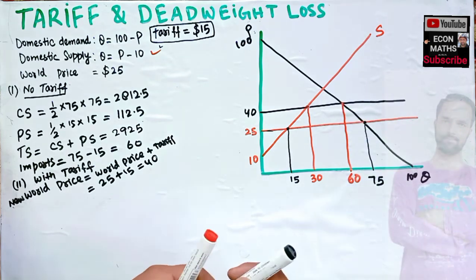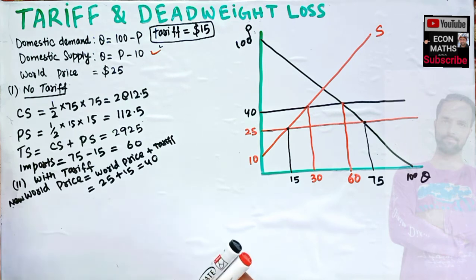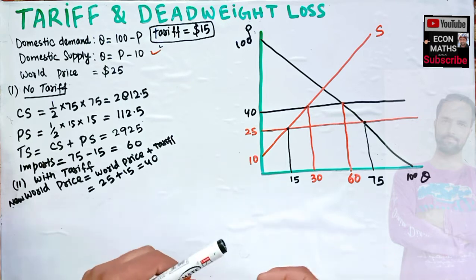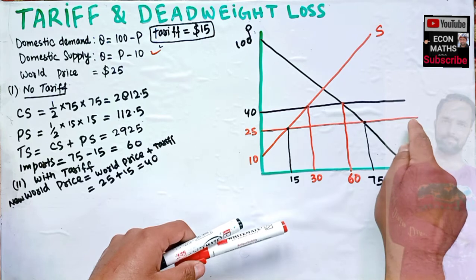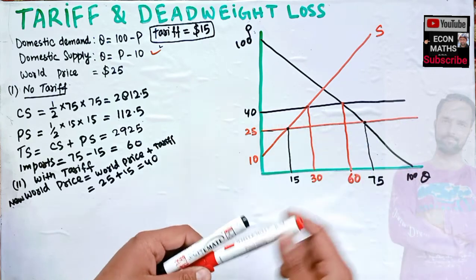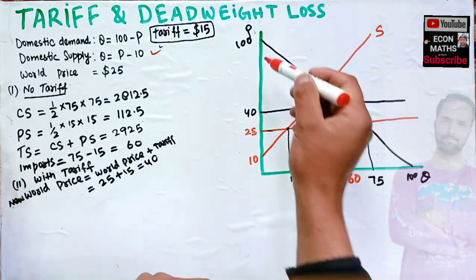Now we need to calculate the consumer surplus. What will be the new consumer surplus? Let us assume that this line does not exist. That means our world price is this, and our consumer surplus will be this very triangle.